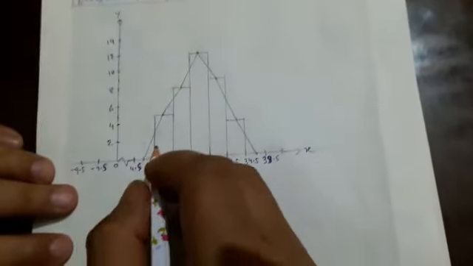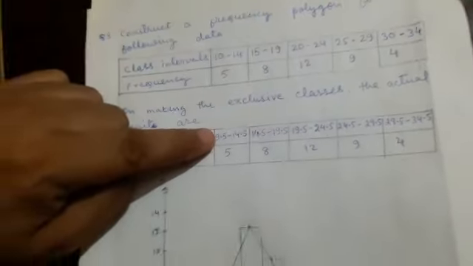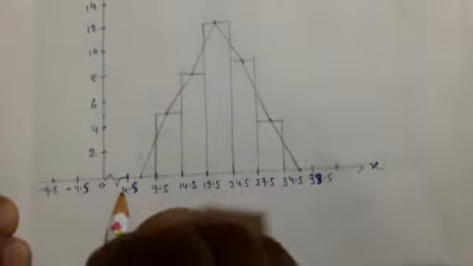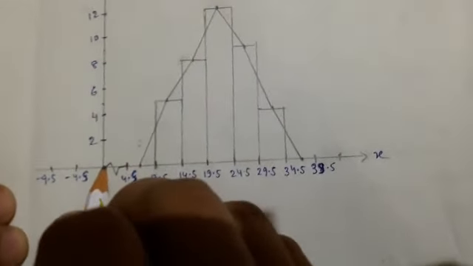Now again we will draw two axes, x-axis and y-axis. Here you will find that this class interval starts from 9.5. So we will mark 9.5 here, and before that there will be a kink, because it does not start from the zero origin.